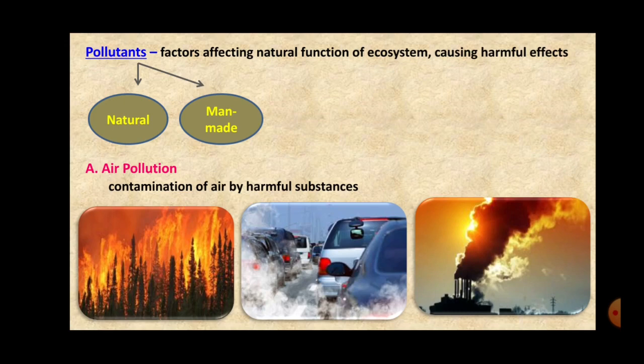So this is all about air pollution. What causes the contamination of air? Contamination of air takes place by harmful substances like fire, smoke, poisonous gases, particulate matter, and microbes, etc.